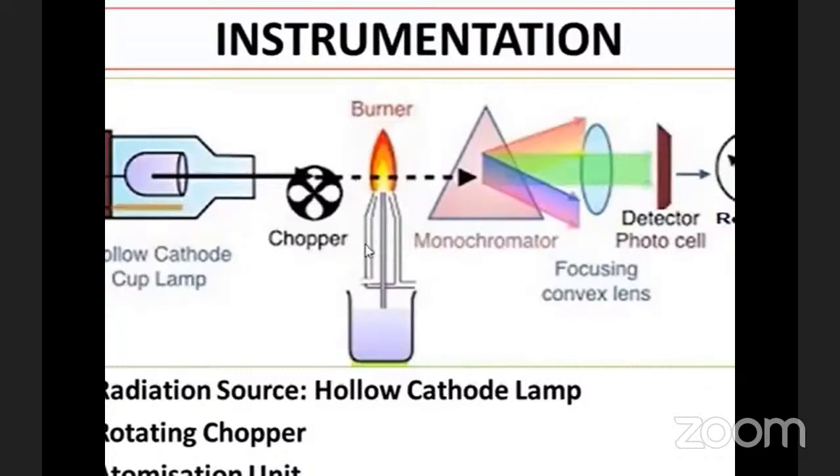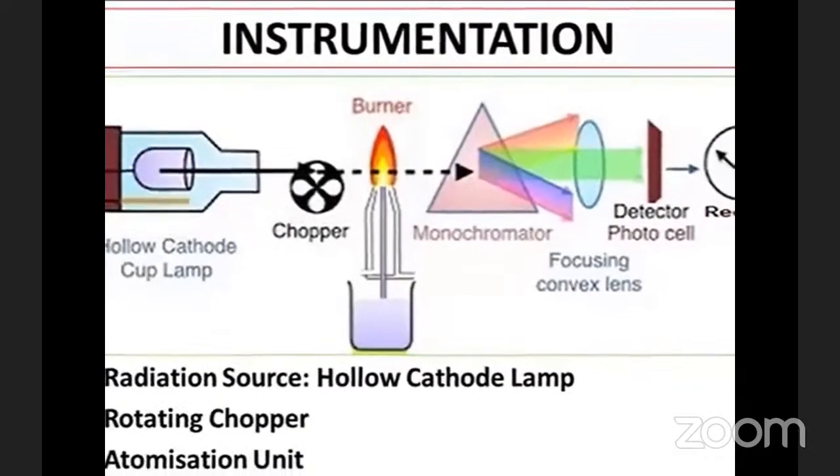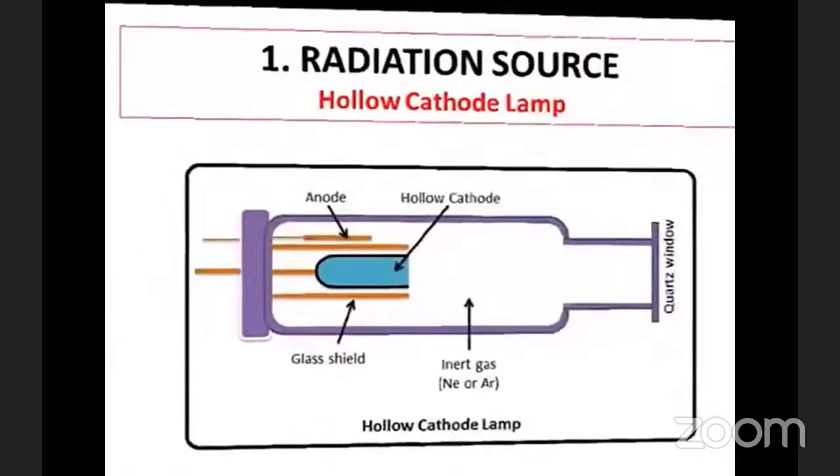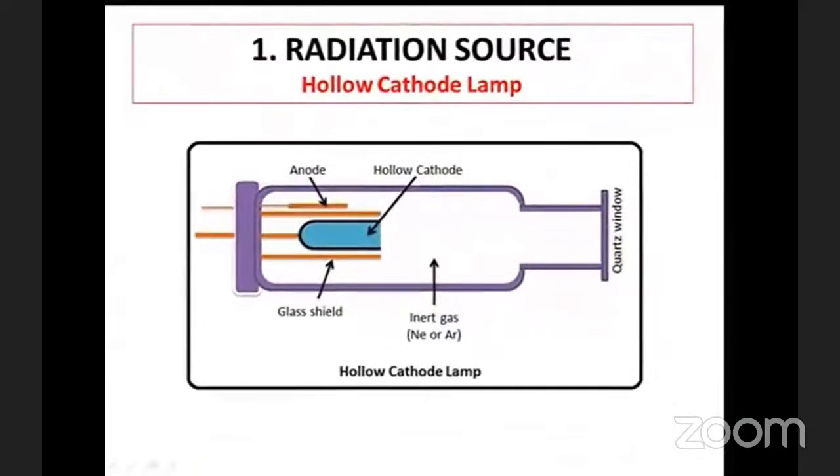Up to the atomization unit, the instrumentation is common with that of flame emission spectroscopy, and the only difference is here. So an additional hollow cathode lamp is used in atomic absorption spectroscopy. Let us discuss one by one the components of this atomic absorption spectrophotometer.